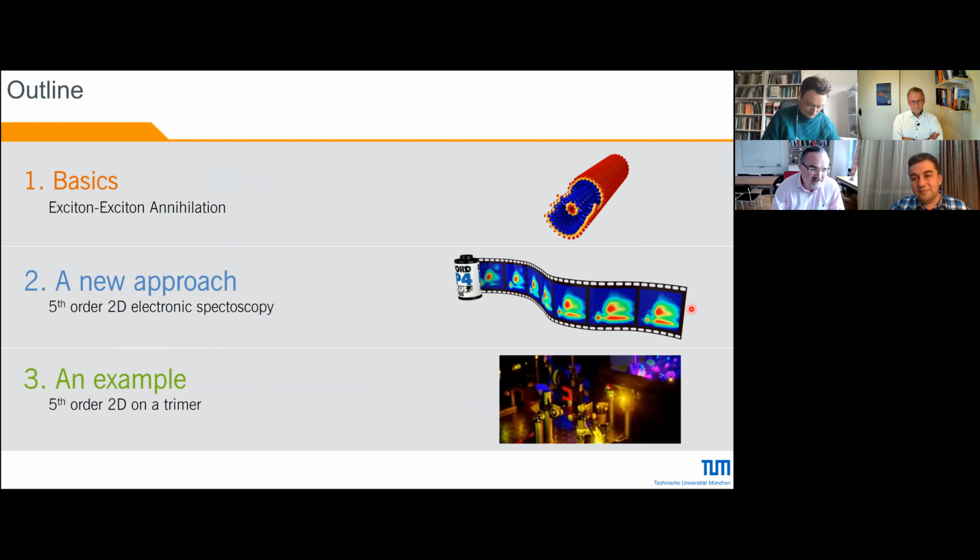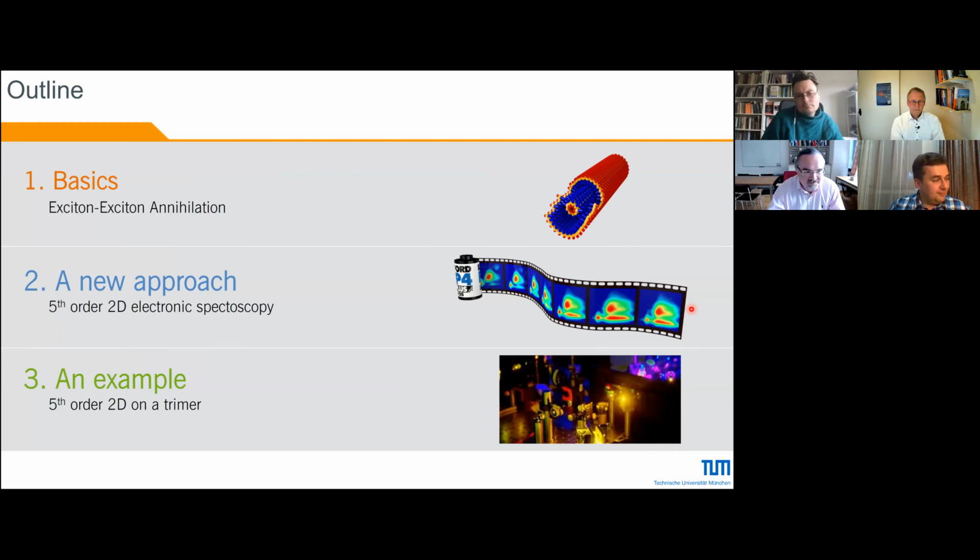And then I will show you the new approach, relatively new, let's say: fifth order 2D electronic spectroscopy and how it helps to understand Exciton-Exciton annihilation dynamics. And then, to a fairly large part, we will go into details and discuss an example of this method and how it's useful in understanding the Exciton-Exciton interactions in a trimeric system.